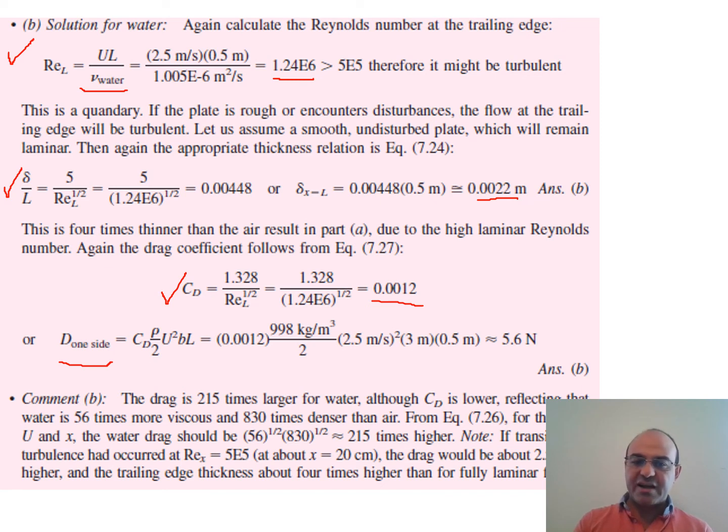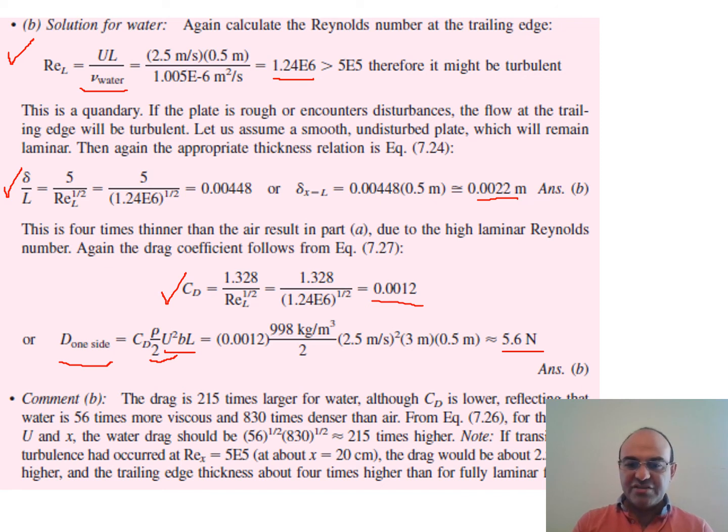For the drag force, you need to multiply CD by the density of water, which is 1,000 times larger than the density of air. So the drag force associated with water, you should expect to be much larger, right? If you multiply by the density of water, again U squared BL, same as before, the drag force becomes 5.6 Newton.